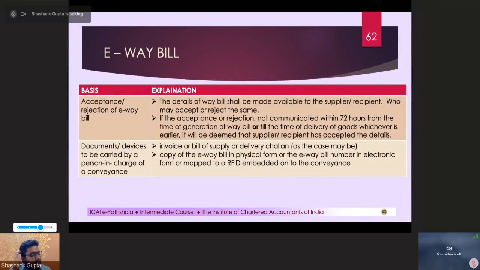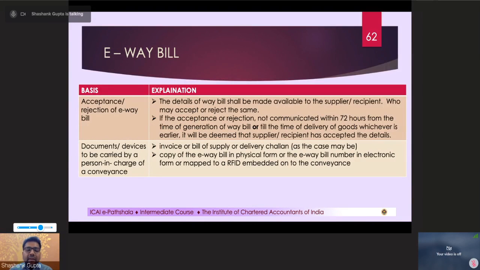Now, a question may arise in your mind. So, what if an e-way bill is required to be issued? It's just a document. Earlier, if the idea was to plug fake invoicing, a document by the name of tax invoice was issued.